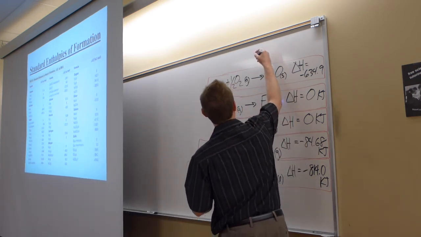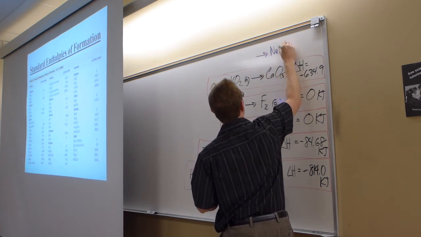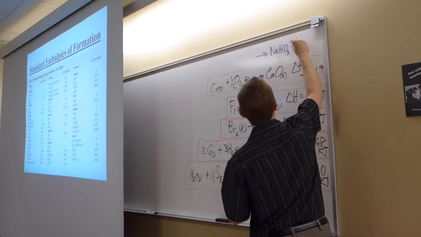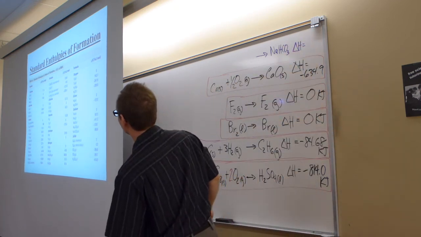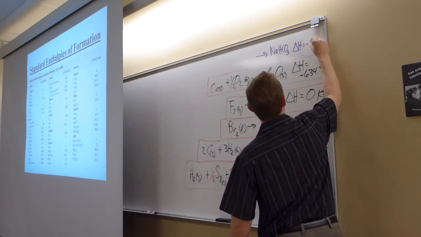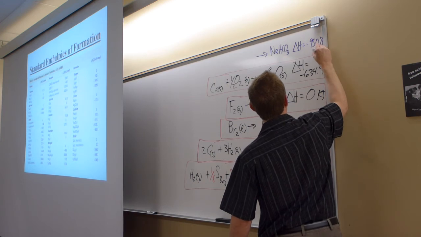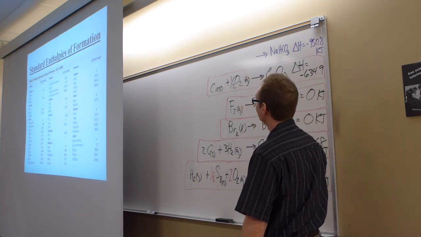So if we're going to form one mole of sodium bicarbonate, delta H equals negative 950.8 kilojoules. All right, so what are the standard forms of those elements?